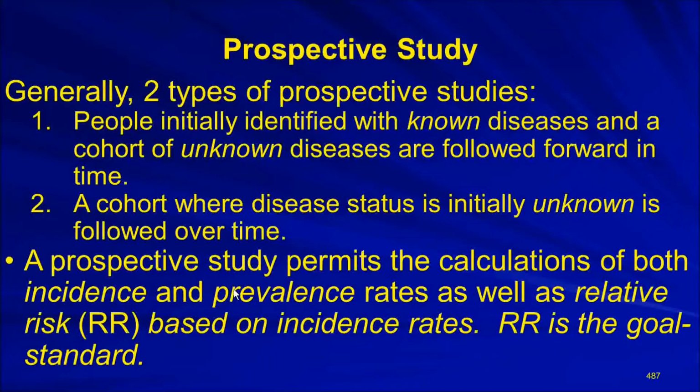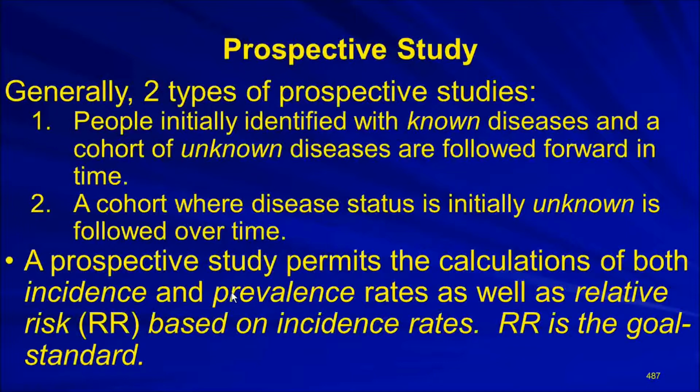Again, I've already made this point, and this is something that you should commit to memory and be knowledgeable about. A prospective study permits the calculations of both incidence and prevalence rates, as well as relative risk based on incidence rates. And relative risk is the gold standard.